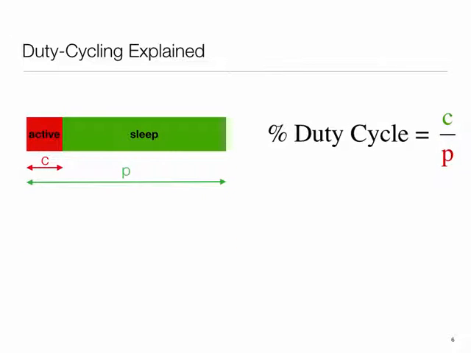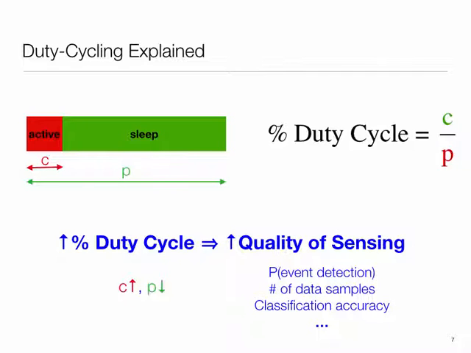So let's look at duty cycling a little bit more. As you can imagine, as the duty cycle percentage goes up, intuitively speaking, the quality of sensing, or the quality with which you are doing the application, is going to go up. For example, the probability of detecting the event: if my duty cycle goes up, there's less chance that I'm going to miss that target going by.